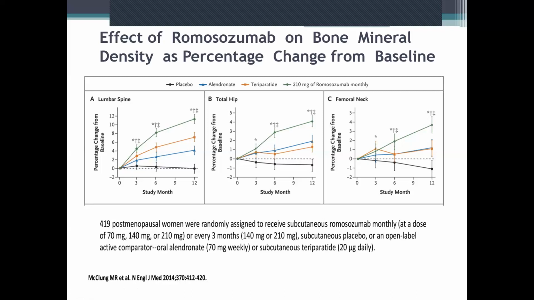The benefit is more seen in the lumbar spine, but with romosozumab or Evenity, you can see very good hip BMD as well. And again, it's the same with the femoral neck. Very good BMD gains at the femoral neck compared to teriparatide and also alendronate.